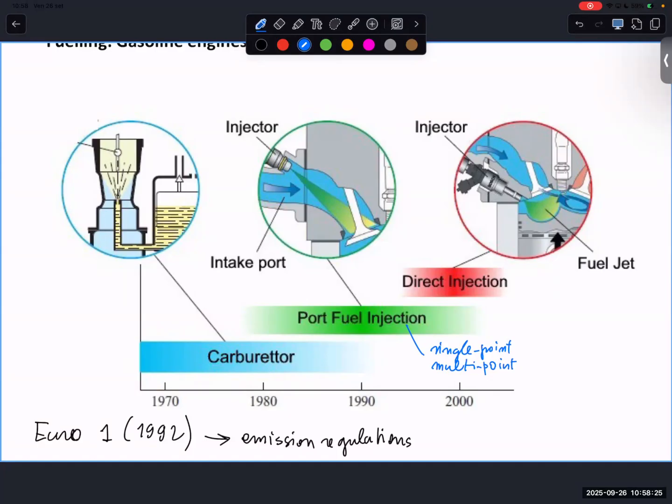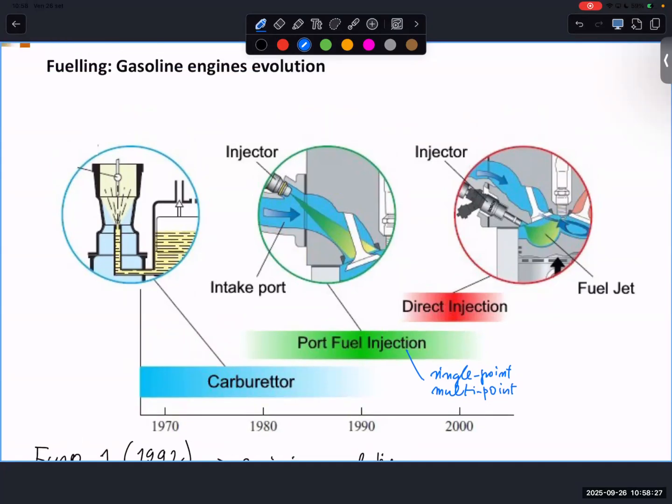And we could have indirect injection, which is outside of the cylinder. This can be single point or multi-point.